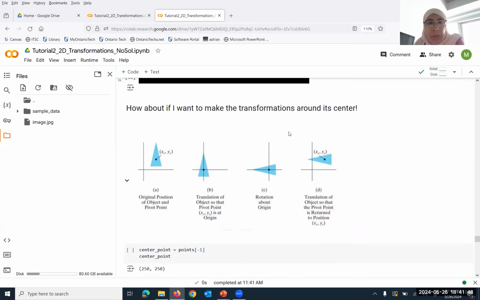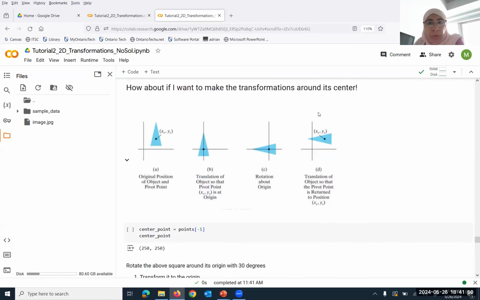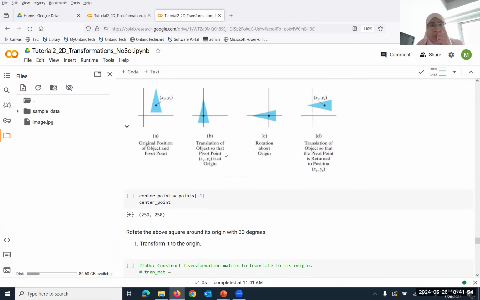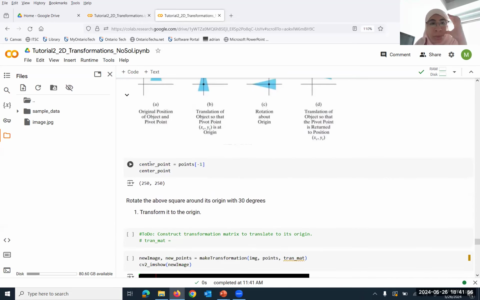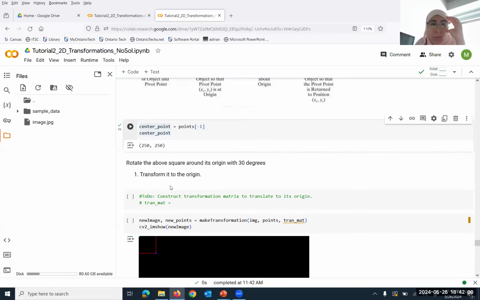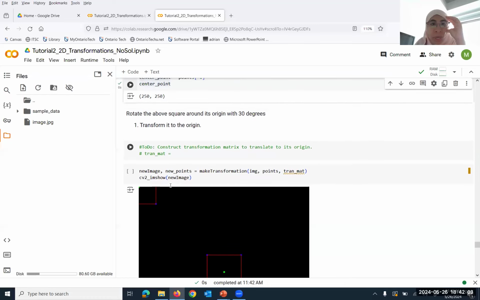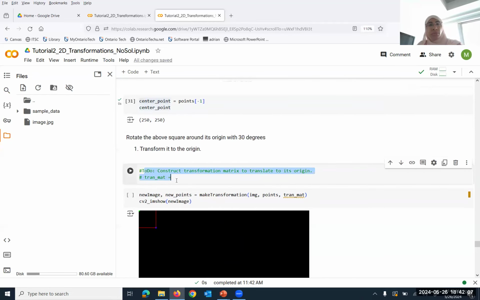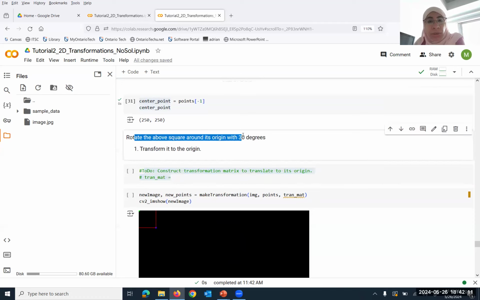Now remember, when we talked about how I can transform around the center of the rectangle. So you have here the center point, this is the center point of the rectangle. I already have it defined for you. So what I want you to do is write the code that will rotate this square around its center by 30 degrees.